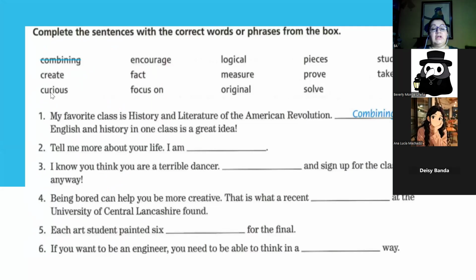Curious, curious, ajá. Encourage, encourage, fact, fact, focus on, ajá.